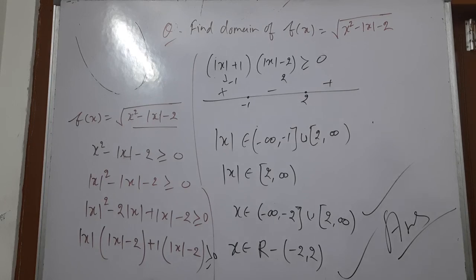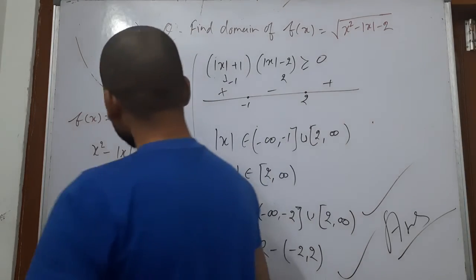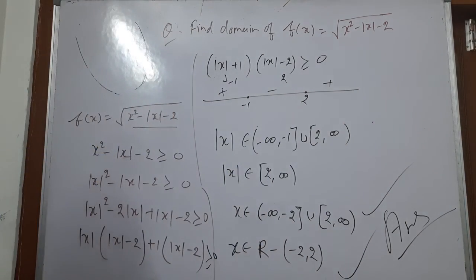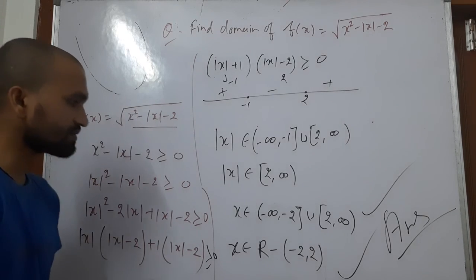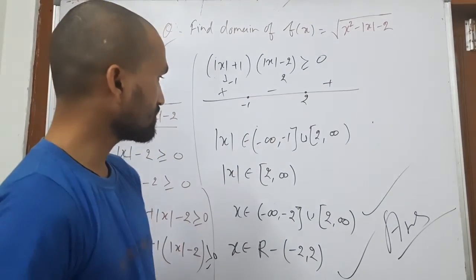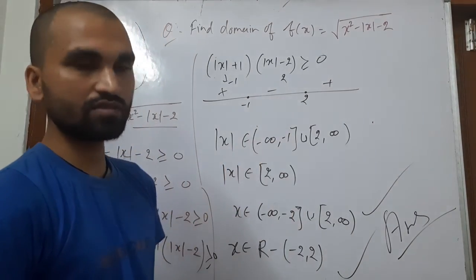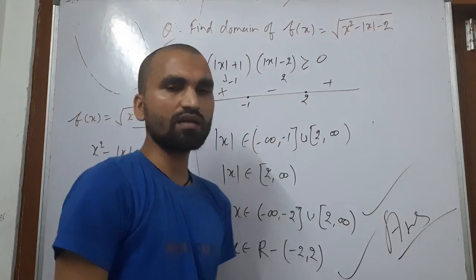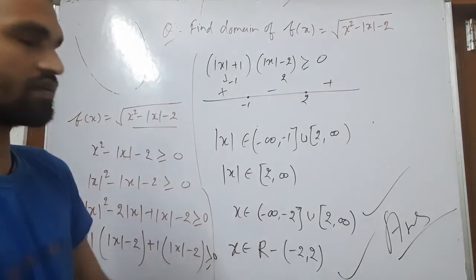Okay students, so in this question we have solved for domain. We have simply taken that the value under the square root sign is always greater than or equal to 0. After that we factorized and represented it on the number line. Here we have taken mod x from this to this, but the negative value cannot be taken as mod is always non-negative.